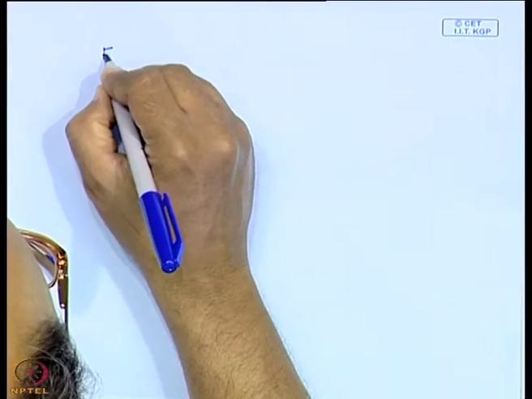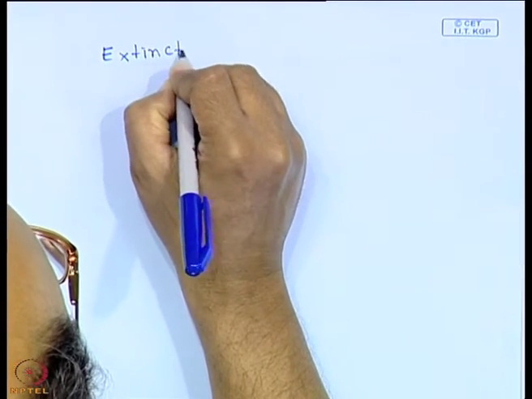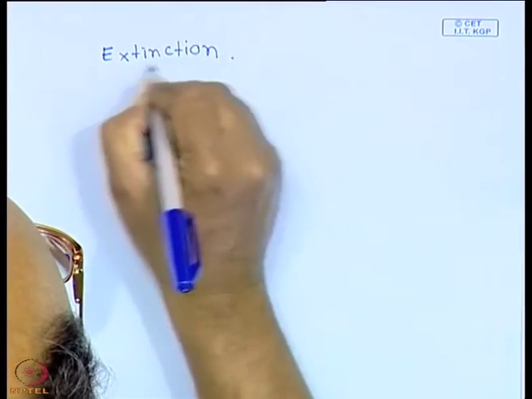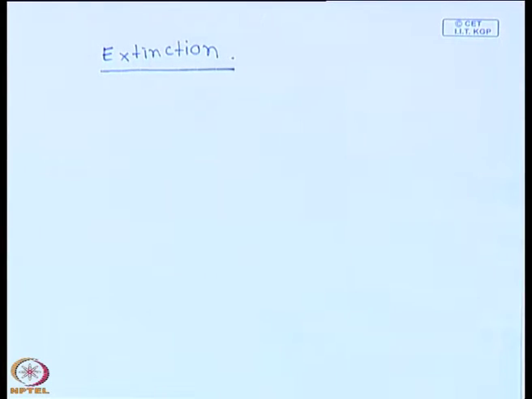The next thing that we need to discuss is extinction, in the interstellar medium. Whenever we do any astronomical observation, we are looking at sources through the interstellar medium.